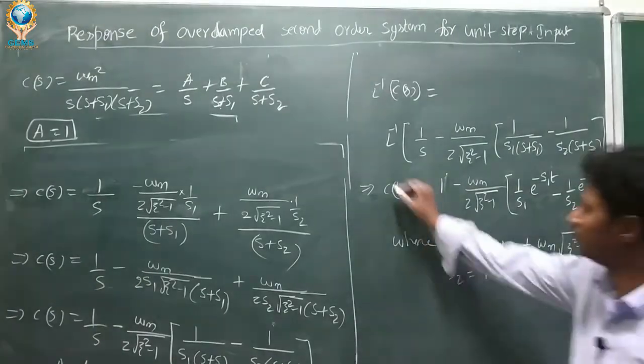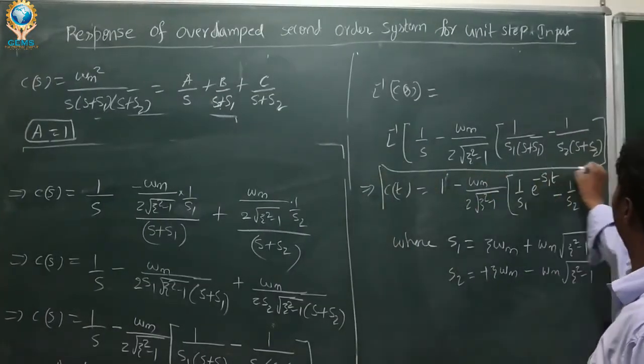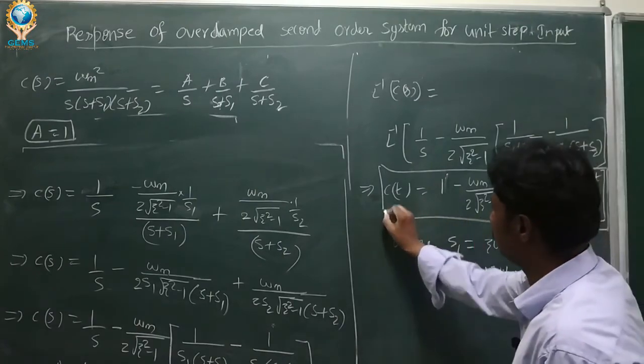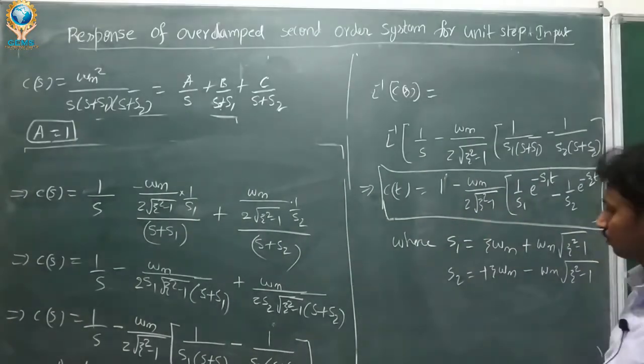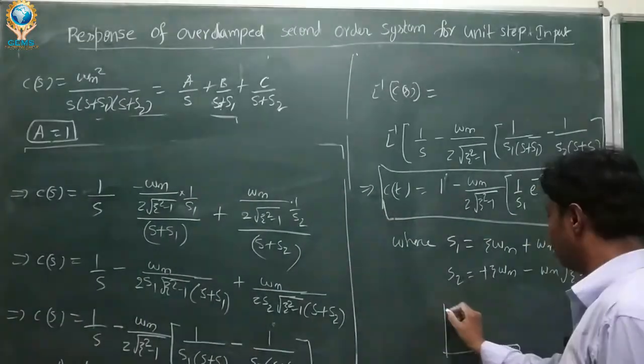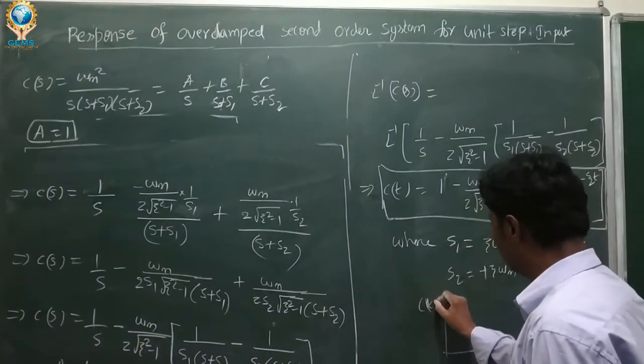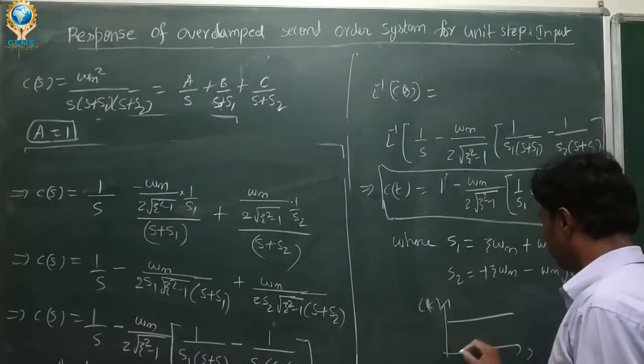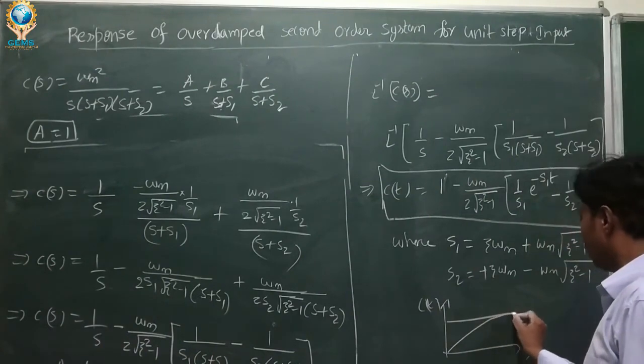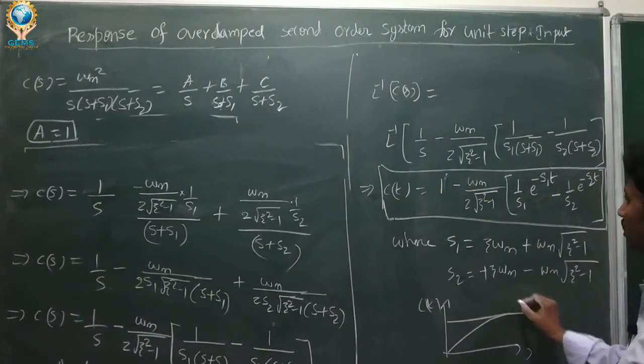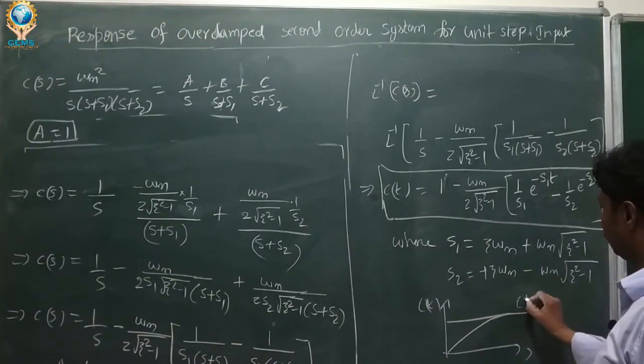So this is the expression for the overdamped system. So this is your response C of t for the step signal. So this is the expression for overdamped, this C of t.